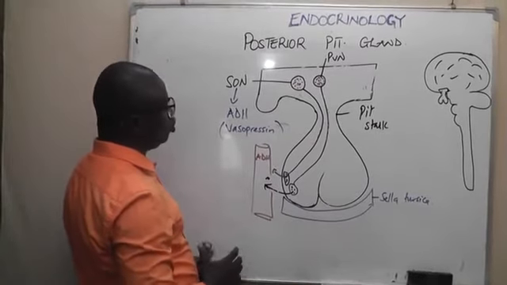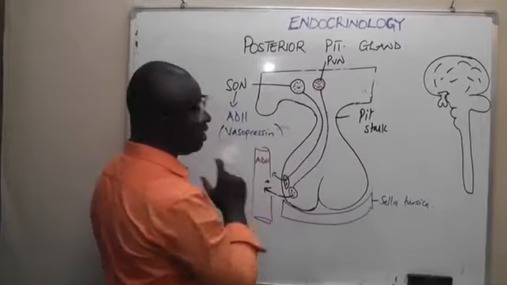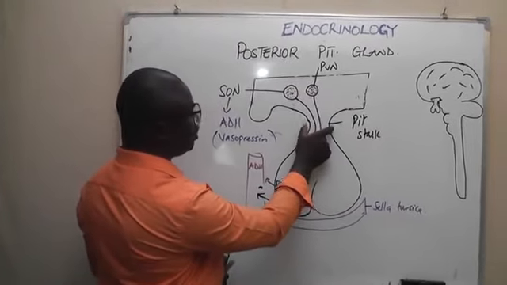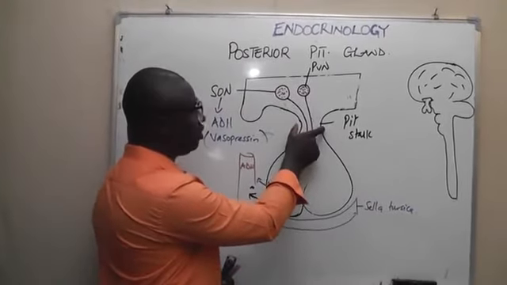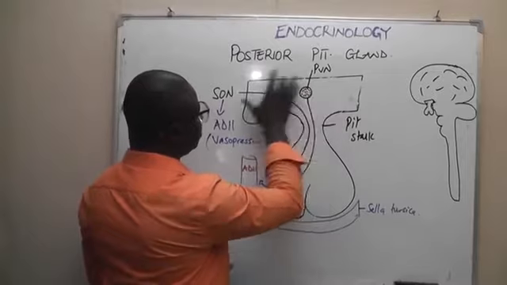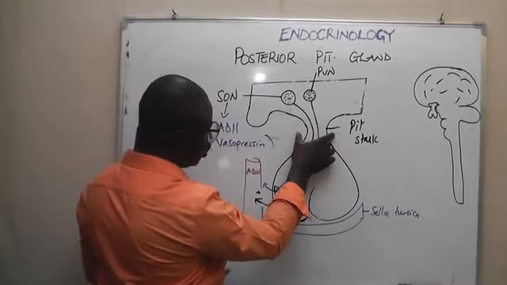If you remember from my previous lesson, I said this region of the pituitary gland is known as the pituitary stalk, or the infundibulum. So this region is the hypothalamus, and this region is the stalk.